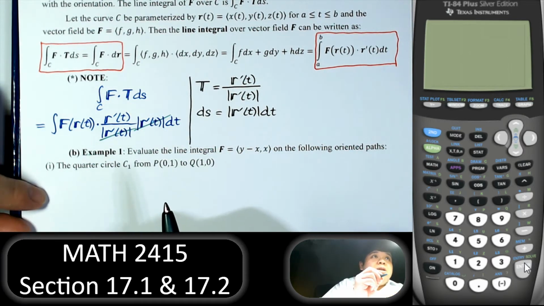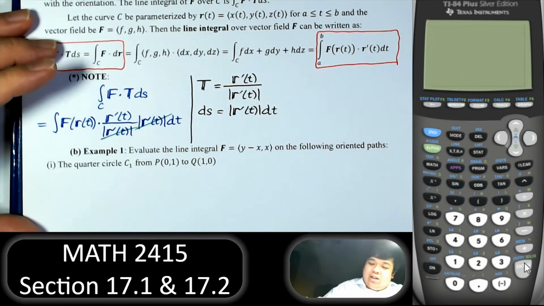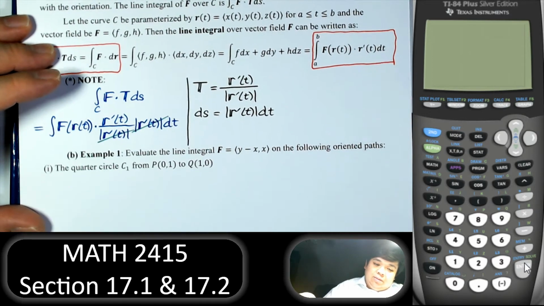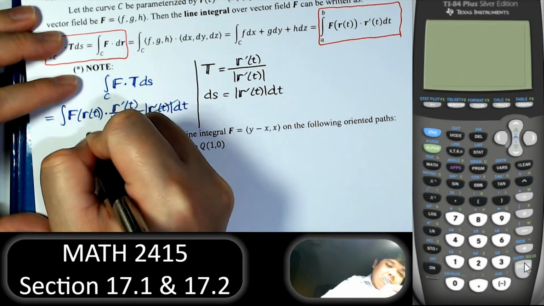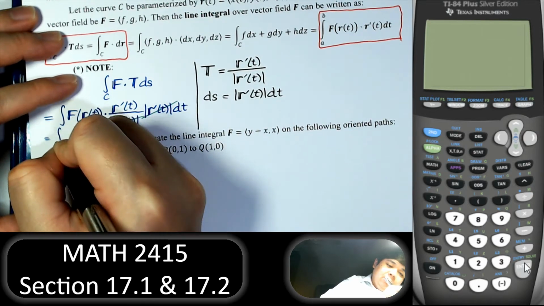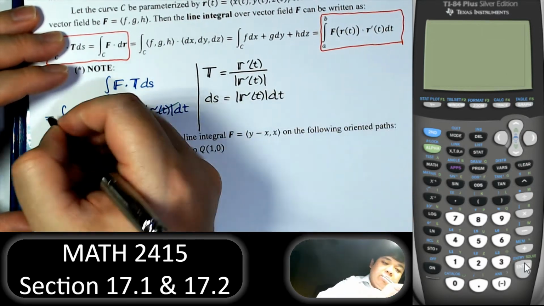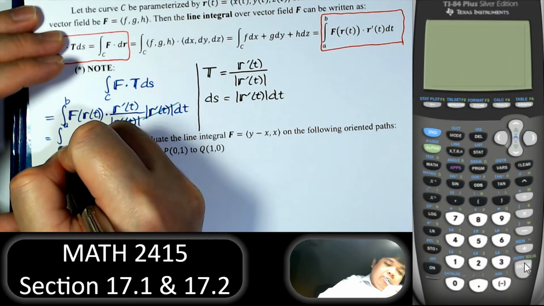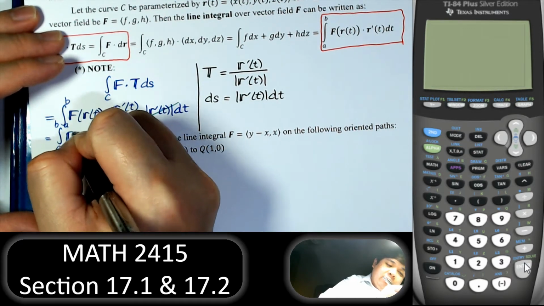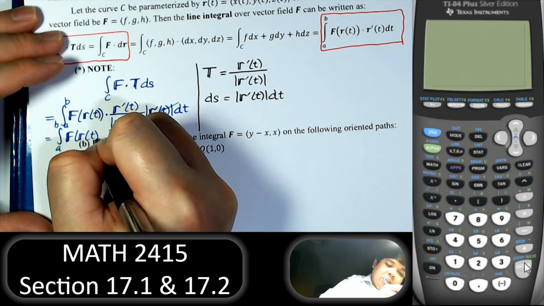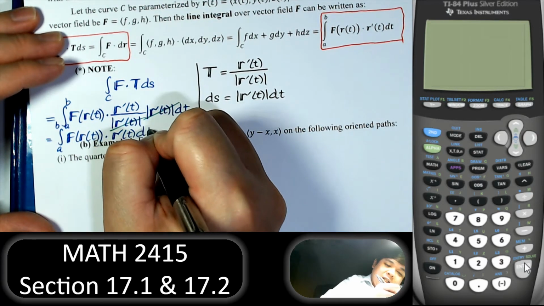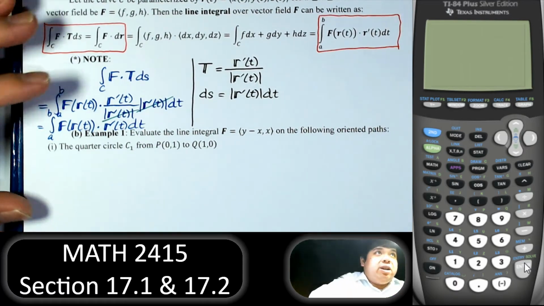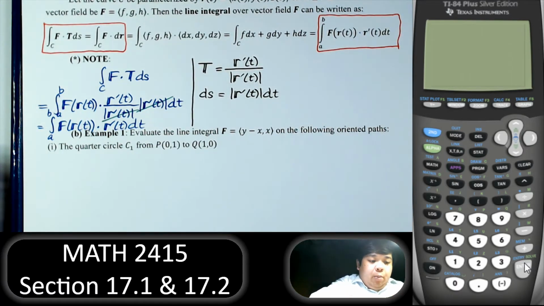That cancels out, and we just end up with that. Now we draw the limits from a to b for t, and we have F of r(t) dot r prime of t dt. So that's essentially what we have here. Pretty simple, right? In this case, we just take the derivative.